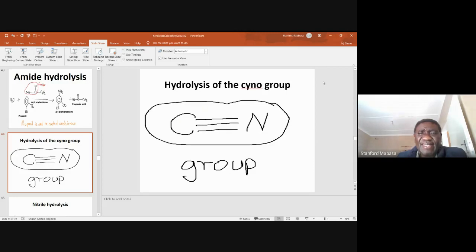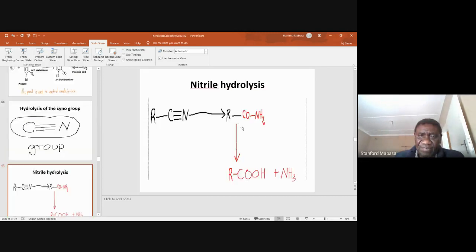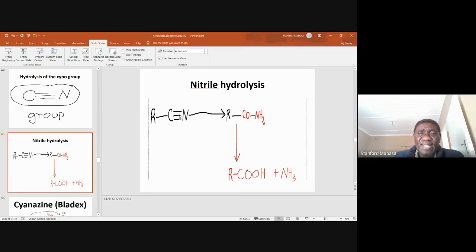Another hydrolysis can take place when a herbicide has got what is known as the cyano group. The cyano group is a triple bond between carbon and nitrogen. If we have got this structure in any molecule, it can undergo hydrolysis. So again, it is this structure, and we call this nitrile hydrolysis because of nitrogen here.